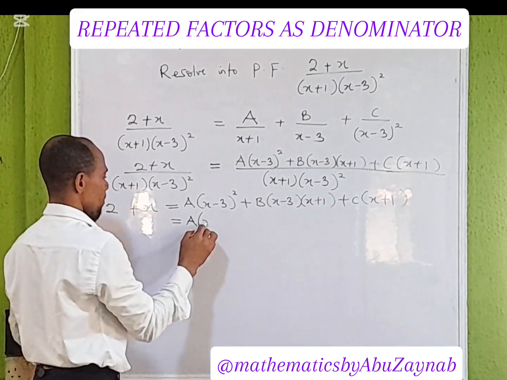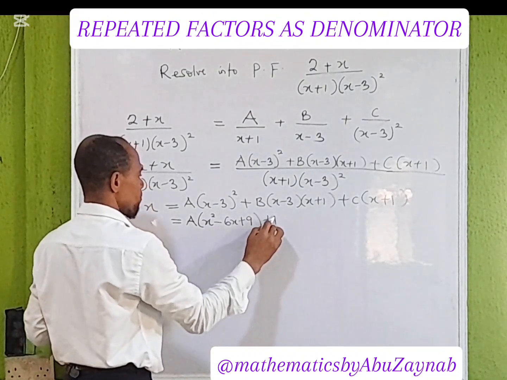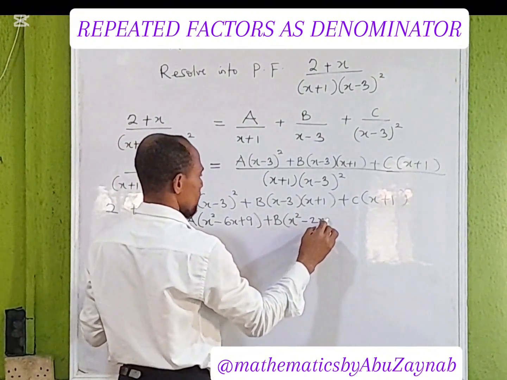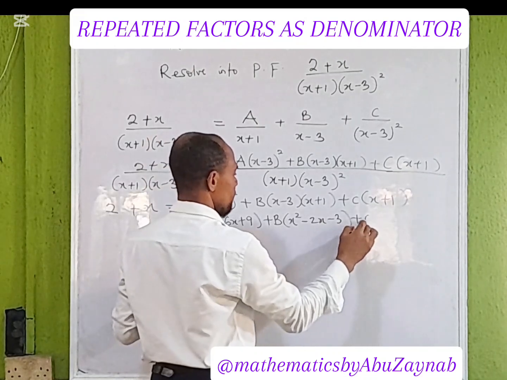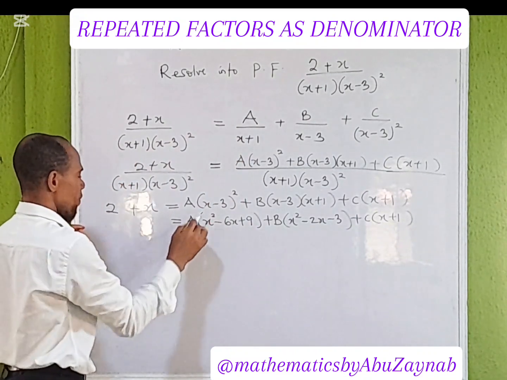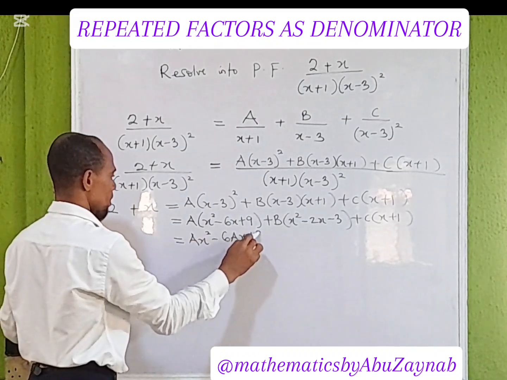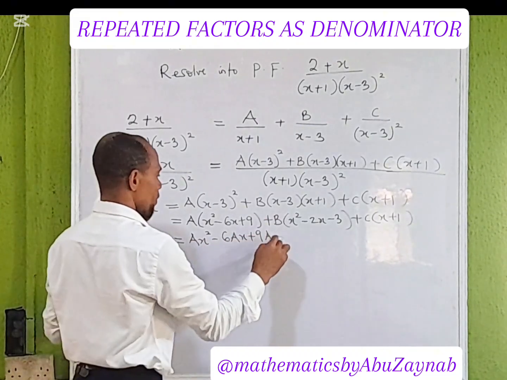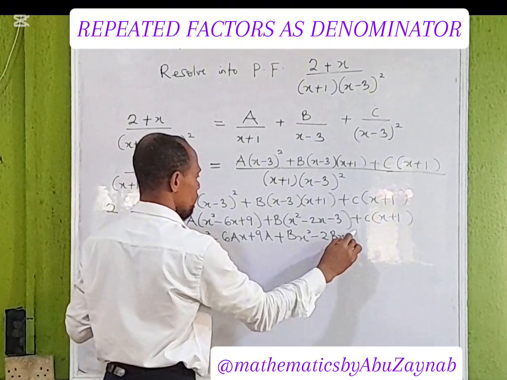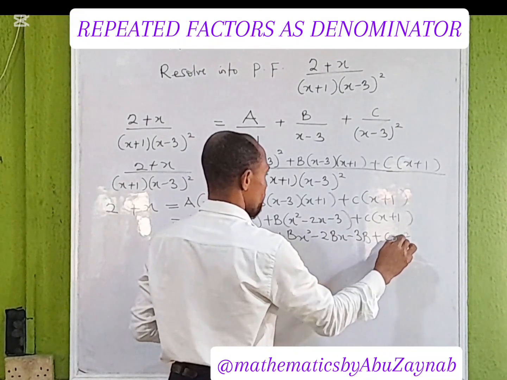We have A(x² - 6x + 9) plus B, then open the bracket, (x² - 2x - 3), and plus C(x + 1). So simplifying for that, we are going to have Ax² - 6Ax + 9A. Then there we have Bx² - 2Bx - 3B. We are simply expanding, then plus Cx plus C.